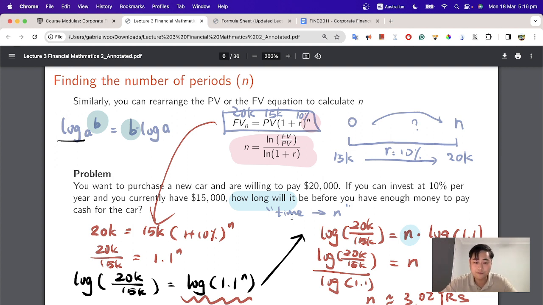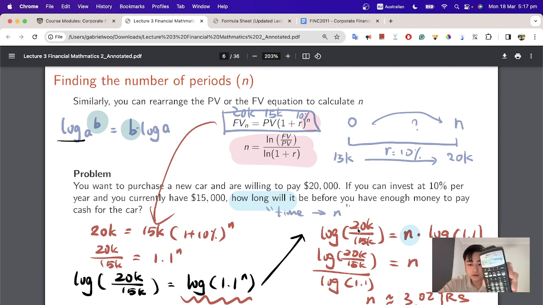We have our interest rate of 10% per year compounded annually. So 10 would be I/Y. Present value is 15K. 0 PMT. Future value is negative 20,000. Compute interest rate. What we get is 5.922.